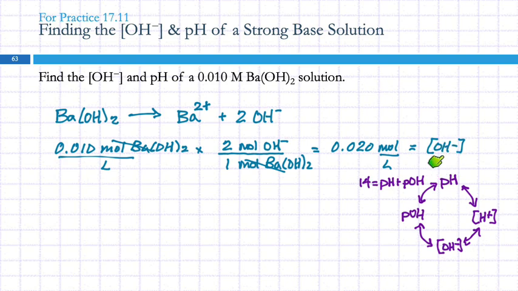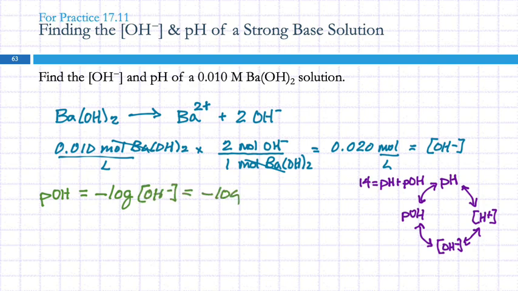So we're going to take hydroxide and convert it to POH. That's the same pattern as pH. POH is the negative log of hydroxide ion concentration.